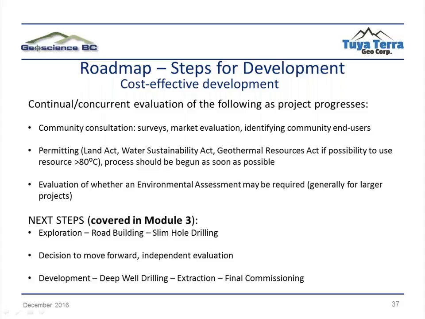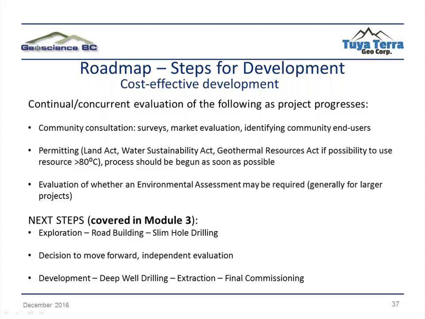Is the community happy with how the project is being developed? What sort of market evaluation has been done? Have community end users been identified as potential consumers of the direct use resource once the project is developed?